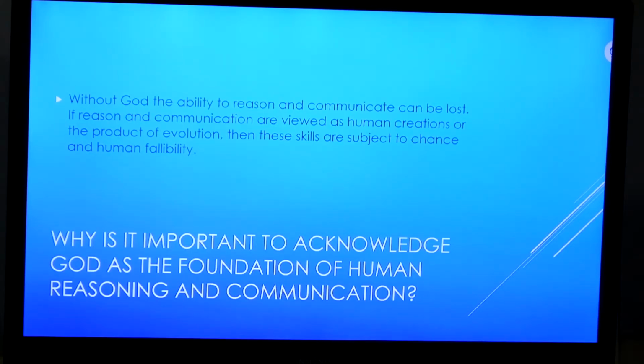So why is it important to acknowledge God as the foundation of human reasoning and communication? Without God, the ability to reason and communicate can be lost. If reason and communication are viewed as human creations or the product of evolution, then these skills are subject to change and human fallibility.